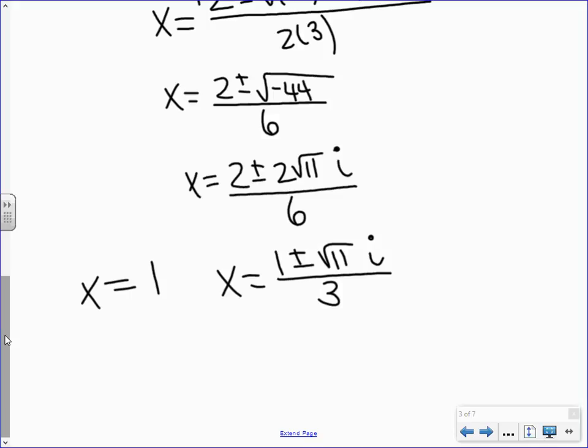Okay? So, Descartes' rule of signs, we knew we had 3 or 1 positive zeros. It turned out we had 1 because the other 2 were imaginary. Do you want us to write the i answers like that, or like 1/3 plus or minus radical 11i over 3?